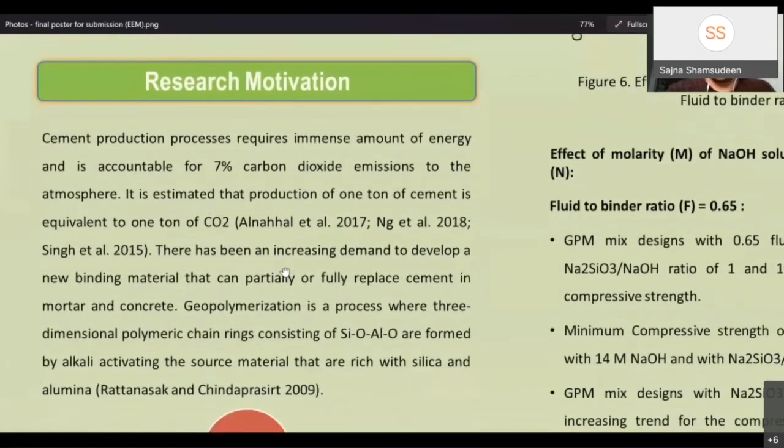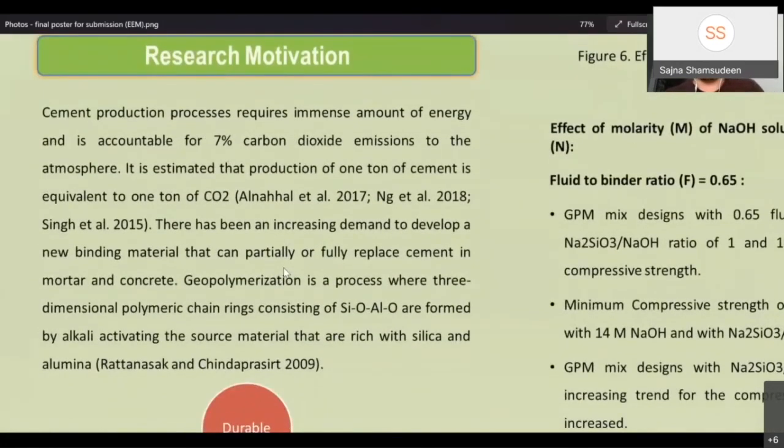Our motivation for this research is that cement production requires an immense amount of energy and is accountable for 7% of carbon dioxide emissions to the atmosphere.